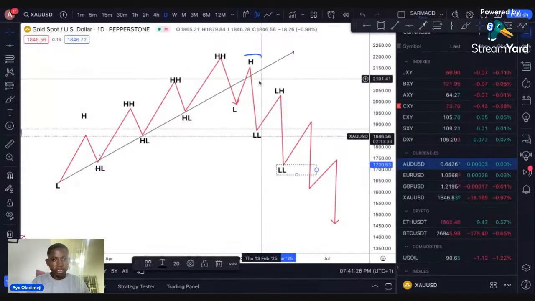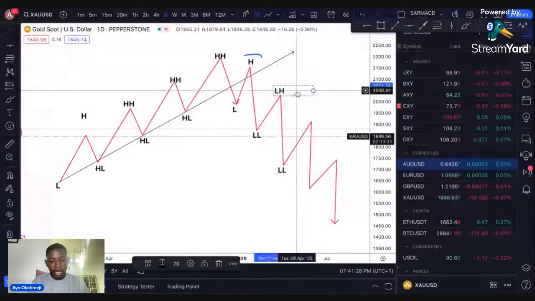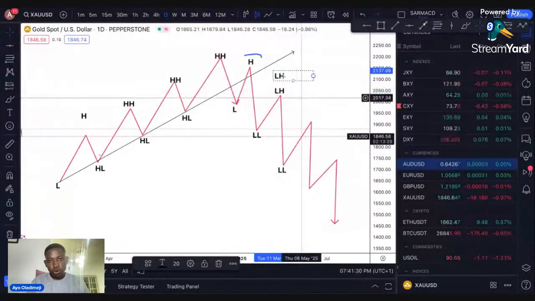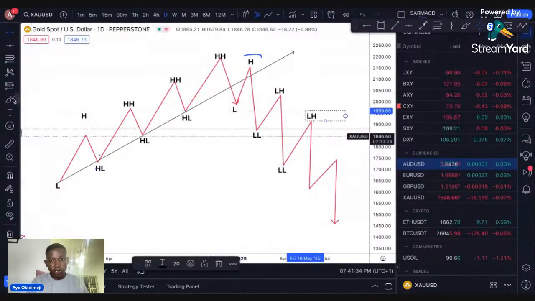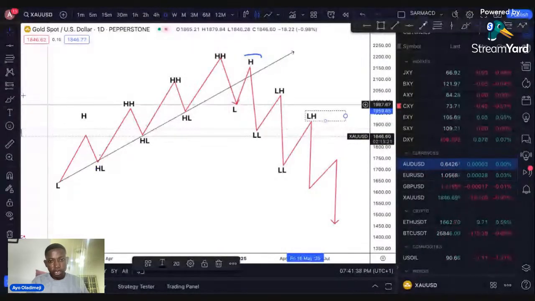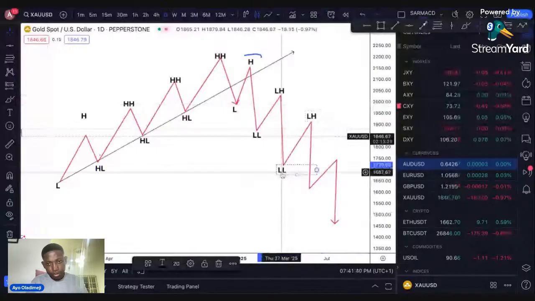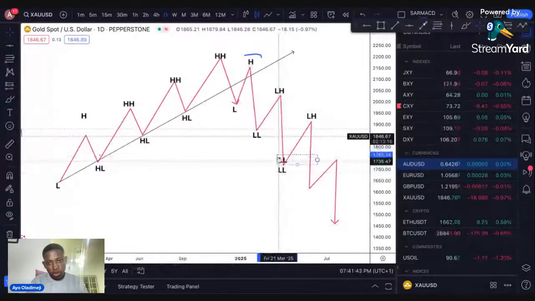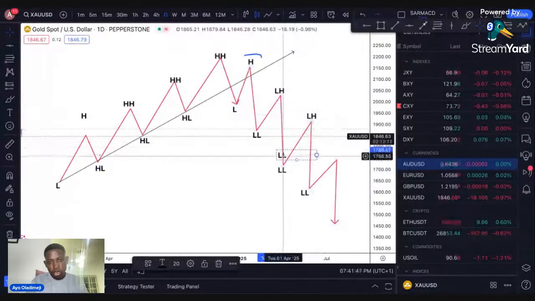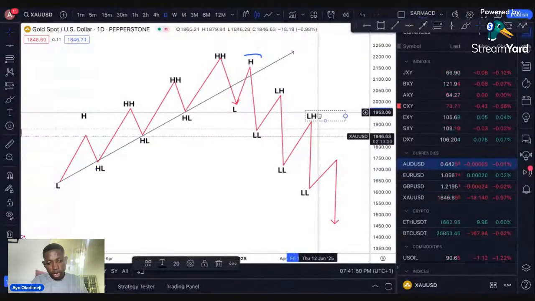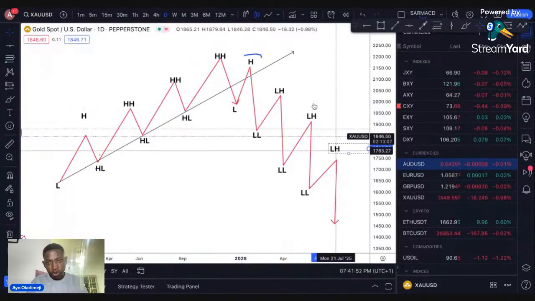And the next high is also a lower high. The next one is a lower low, and then the next one is a lower high. So we have a lower high here.